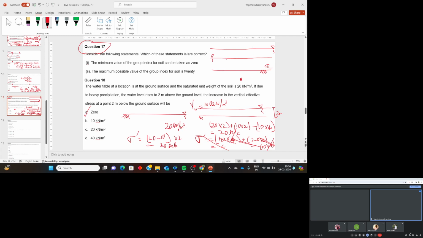So whatever be the height of the water column above the ground level, the change in water level will not affect the effective stresses at any point in the soil layer. Please remember this. If you come across any situations like this, you can straight away write the answer as 0.